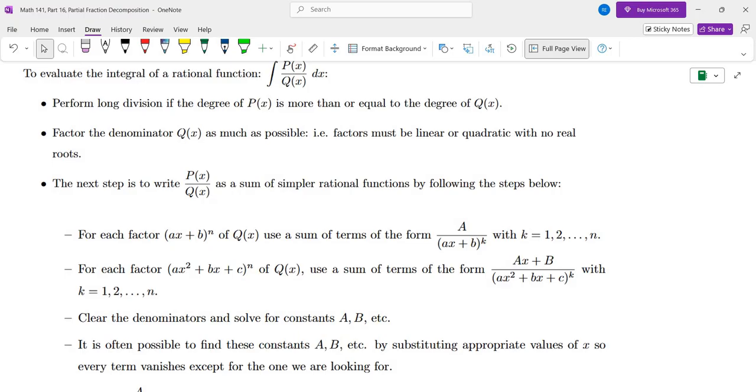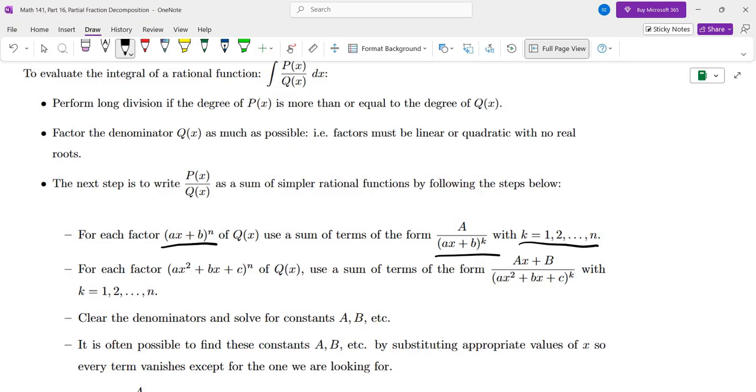Next, we'll perform the partial fraction decomposition. For every factor of ax plus b to the power of n, you use a term A over ax plus b to the power of k, and k ranges from 1 through n. So if you have ax plus b cubed, then you have 3 terms: ax plus b, ax plus b squared, ax plus b cubed.